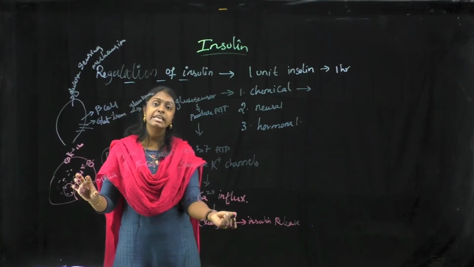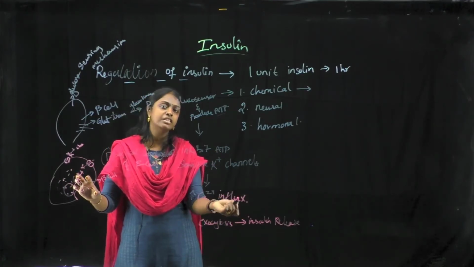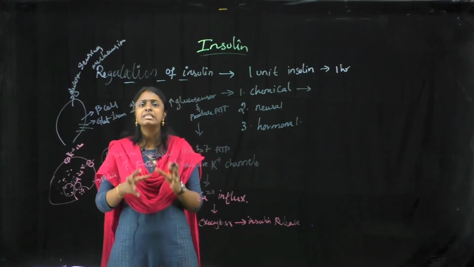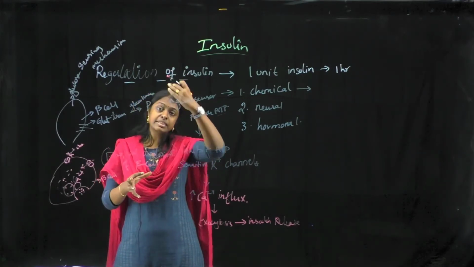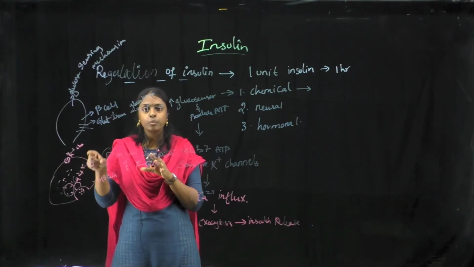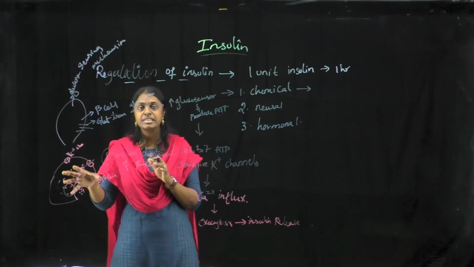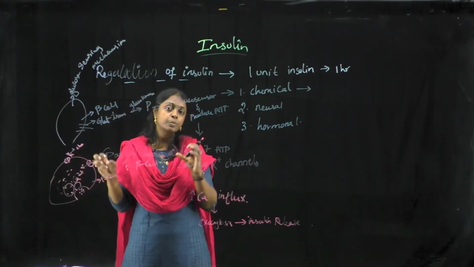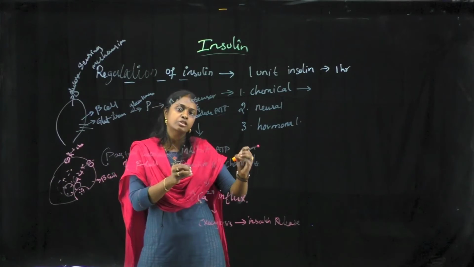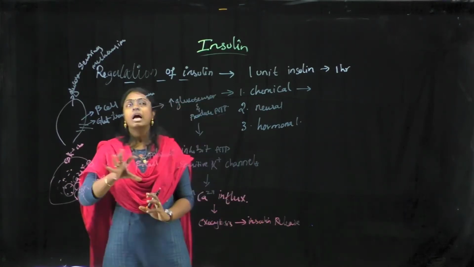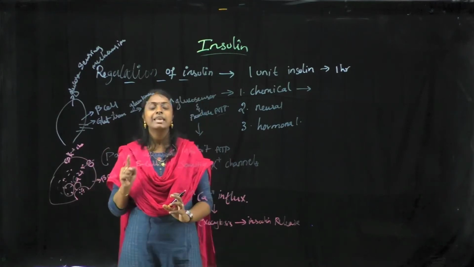When calcium influx increases, it will do exocytosis. Insulin is already synthesized and stored in vesicles in the beta cell, so through exocytosis, the beta cell will release this insulin into the bloodstream. So this is how insulin is regulated chemically.